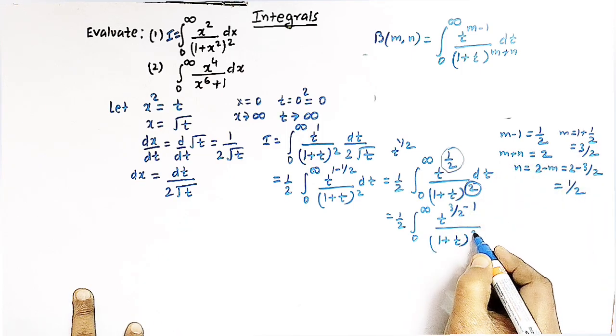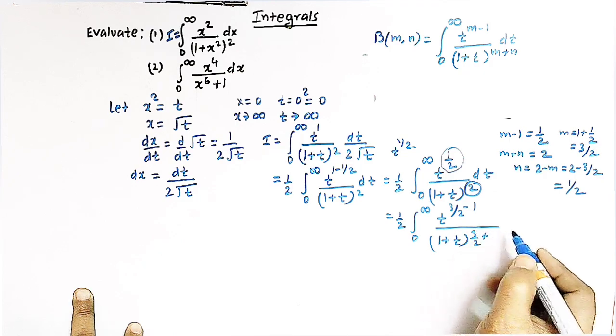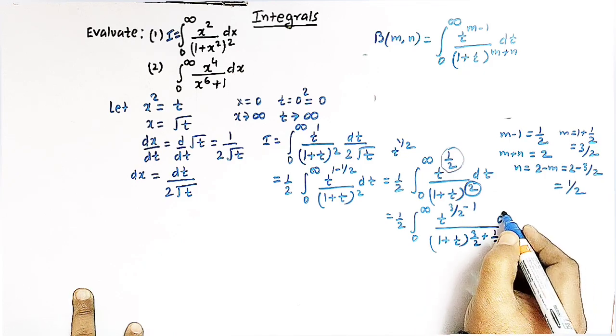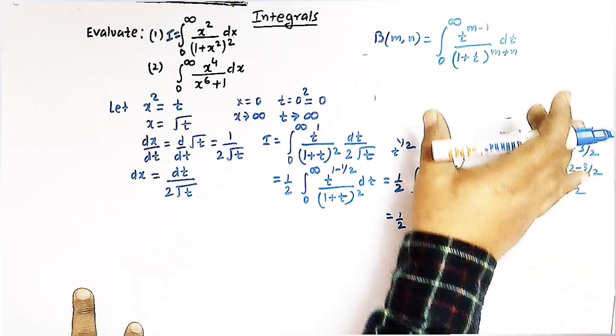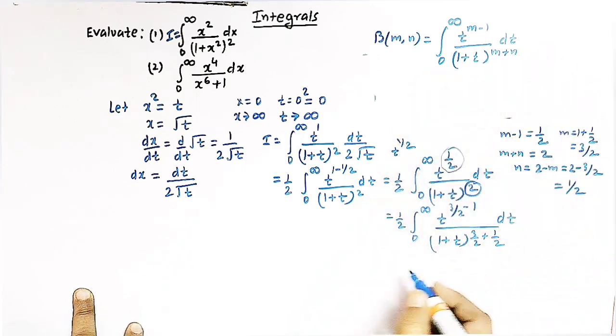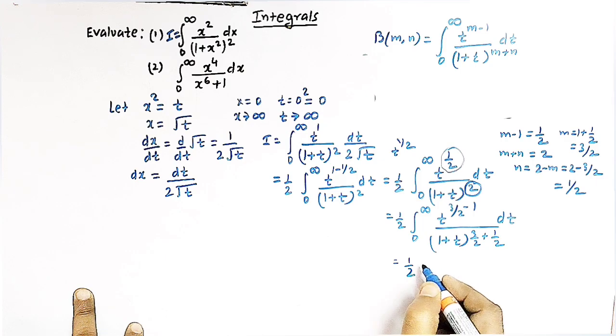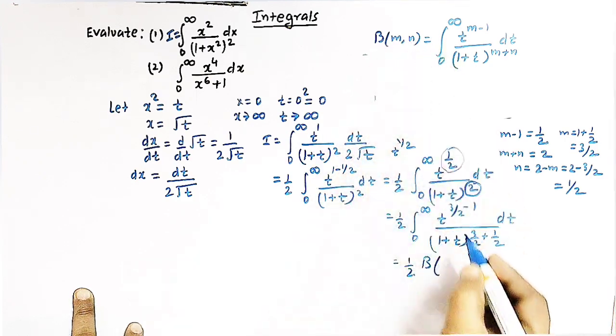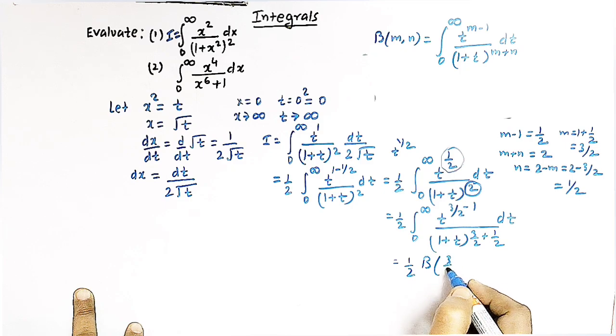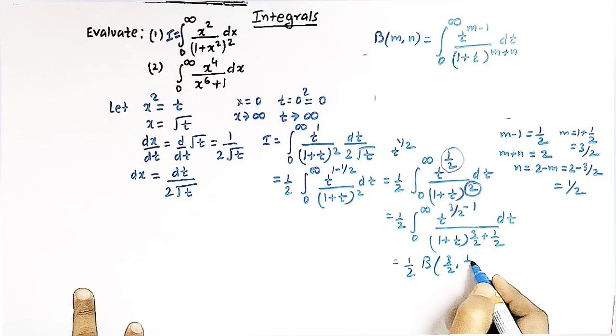M is 3 by 2 and n is half, right? Okay, so now this integral is exactly of this form. So we can now write it as half, and beta function, that is beta m comma n. M is 3 by 2 and n is half.